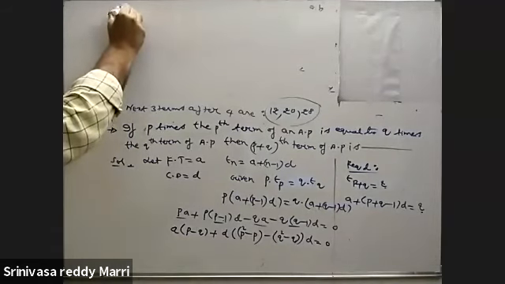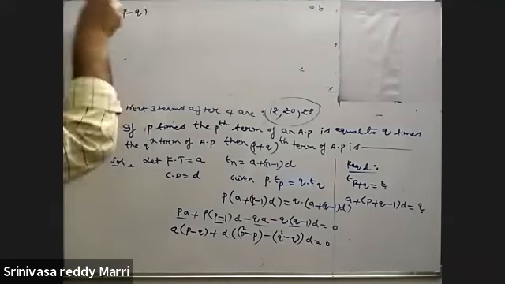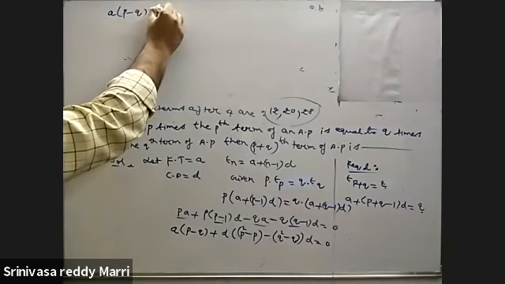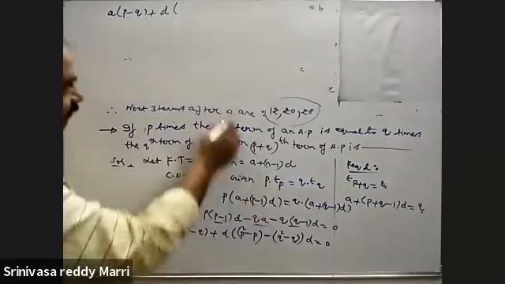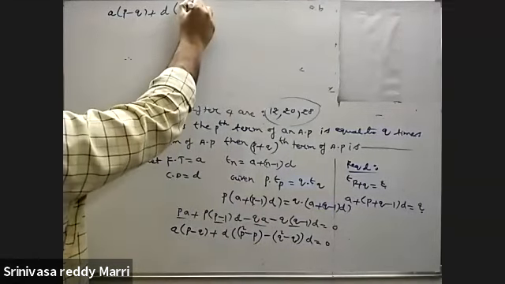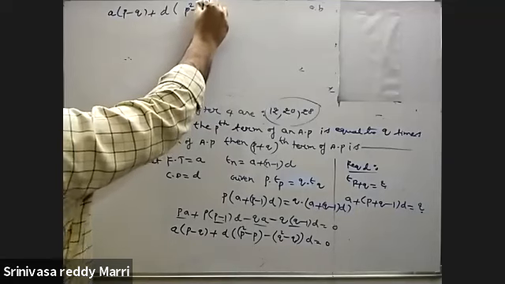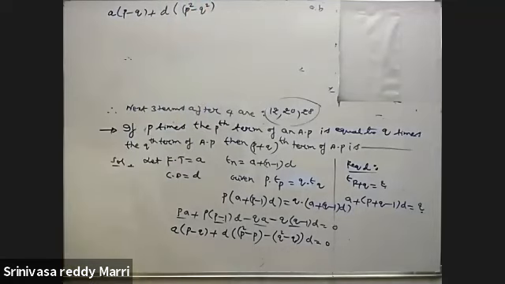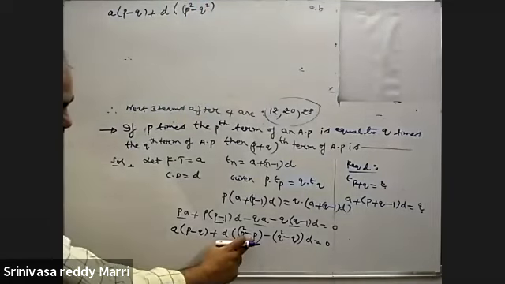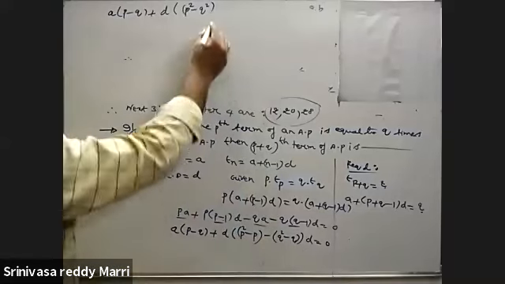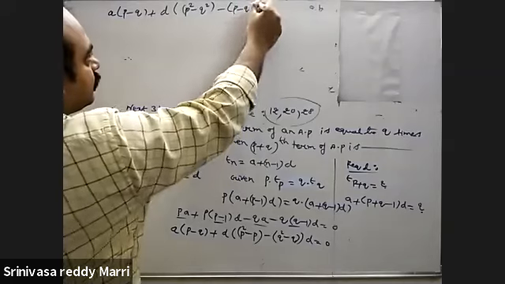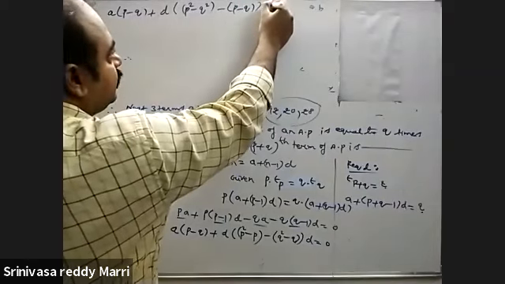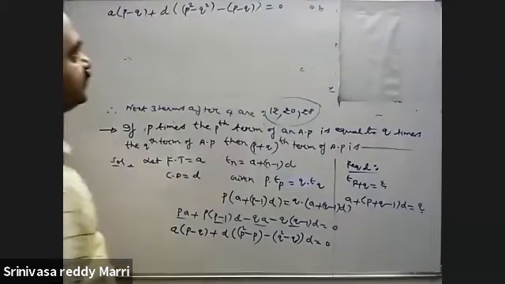Now look at this one: A into P minus Q plus D into P square minus Q square in one bracket, minus P plus Q, taking minus common, into D equals 0.